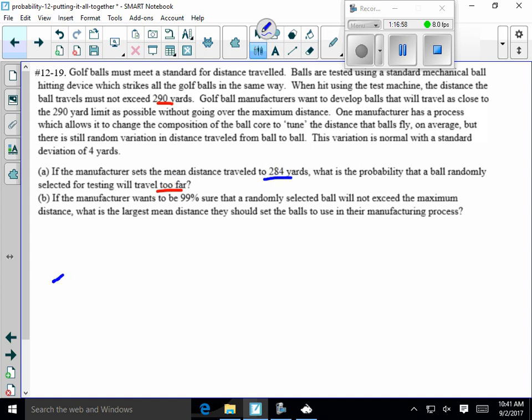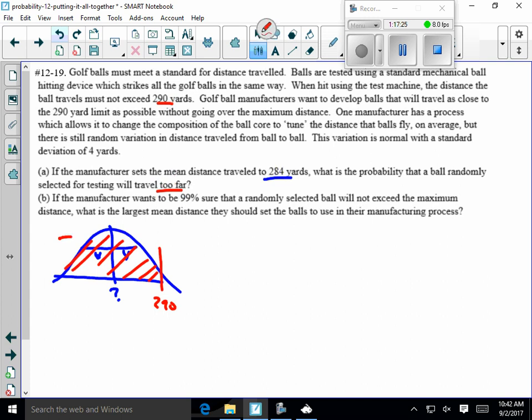In other words, they're telling me, reset your mean to some other value, assuming that the standard deviation stays the same, so that if I test the ball, 290 out here, we want to be 99% sure that the ball is in spec. So 99% of the area should be to the left of that 290 number.